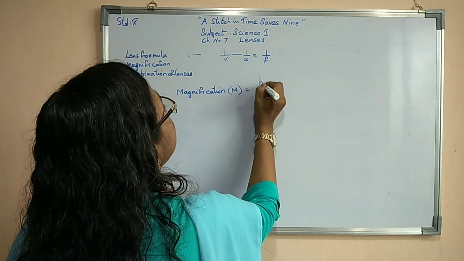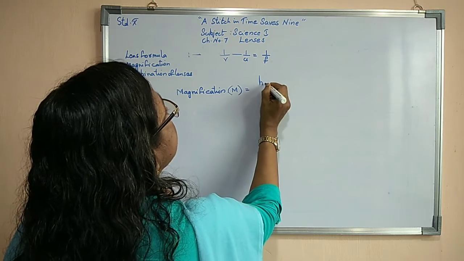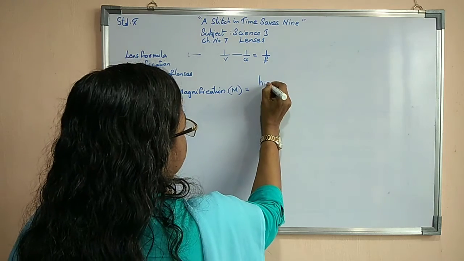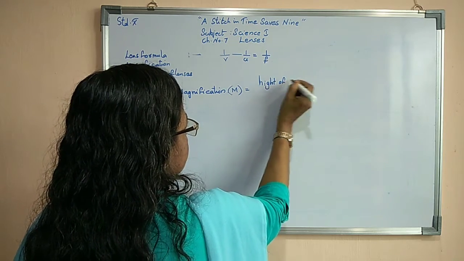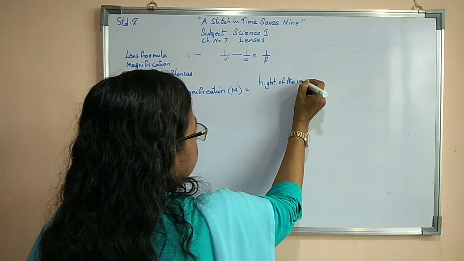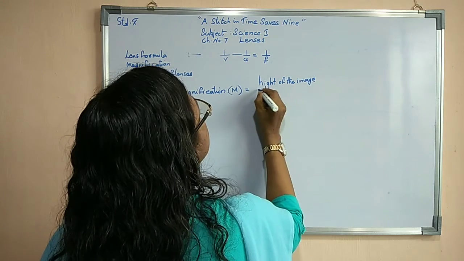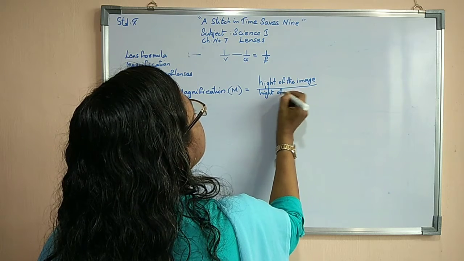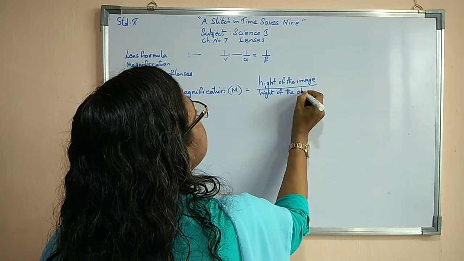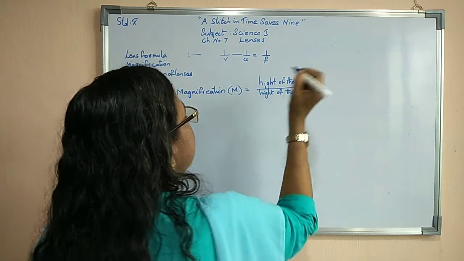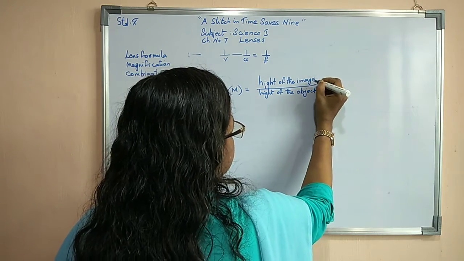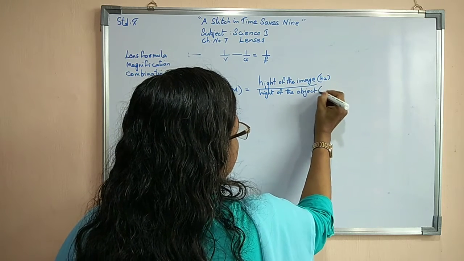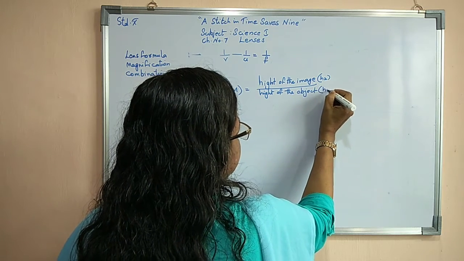The height of the image we write as H2, and the height of the object we write as H1.